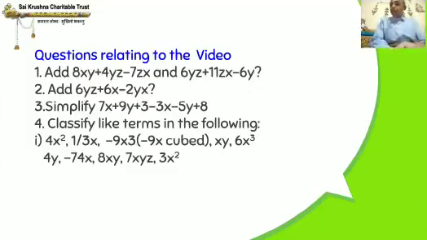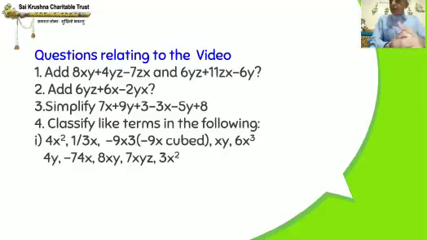Third question: simplify 7x plus 9y plus 3 minus 3x minus 5y plus 8. Fourth question: classify like terms in the following. So there are 4 questions given to you.